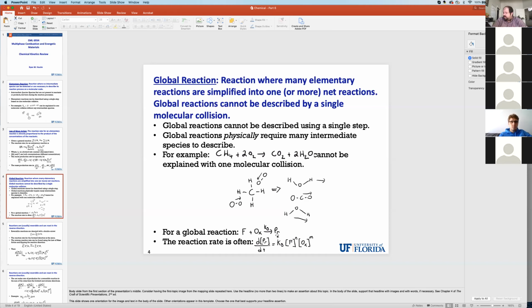And then you'll be given some properties of the products. And for these, again, there are all sorts of reaction rate models for the time rate change of the products. But the time rate change of the products for a reaction like this would be equal to the global rate constant, and you'll very commonly see them times the concentration of the fuel raised to the n power, and the oxidizer concentration raised to the m power, where this n and m are basically empirical constants.